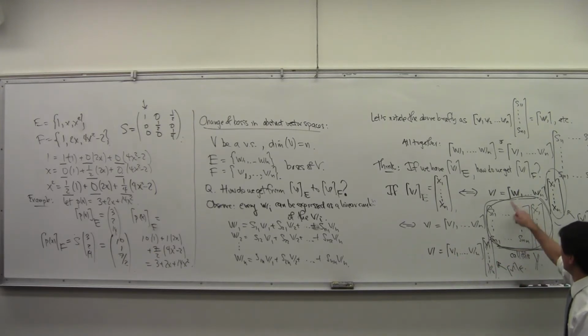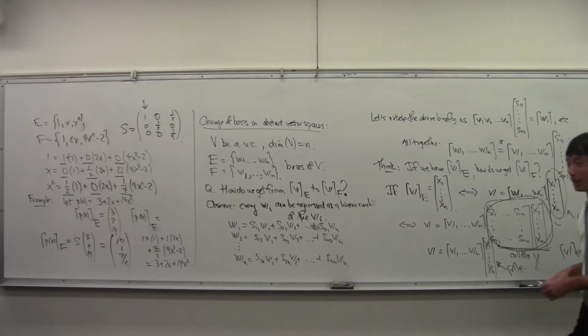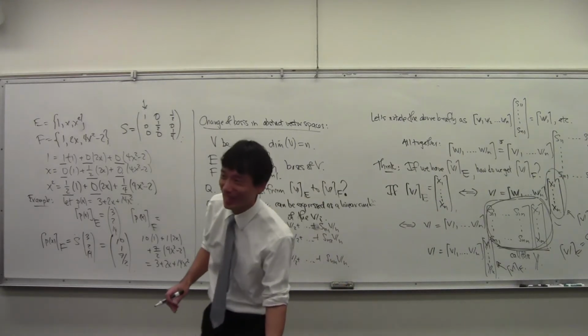So this is the coordinate vector that we're looking for. To get from this to this is just a matter of multiplying by S. I'm afraid that's the best I can do.